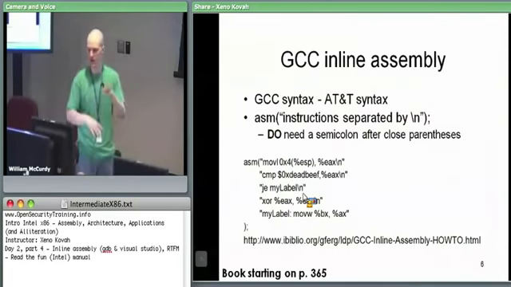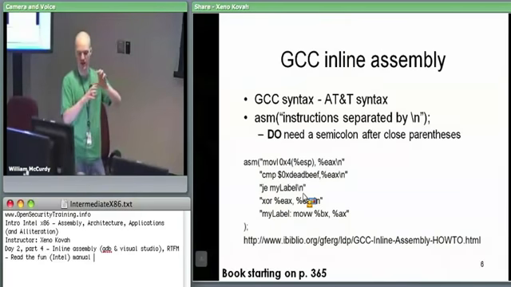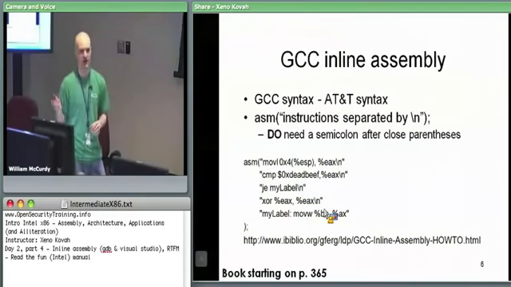And other times, the assembler will treat that as contiguous within some other stream of assembly, and it'll compensate for variables and things like that. So anyways, this is just the syntax: ASM, parentheses, quotes, and a \n if you want to have multiple assembly instructions in the same ASM chunk.